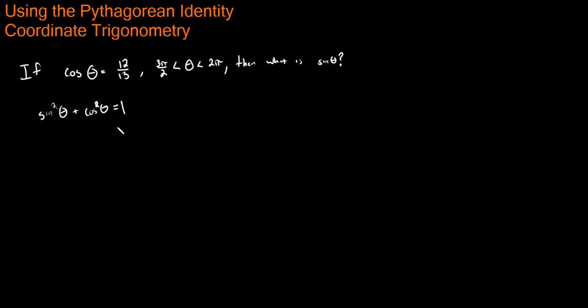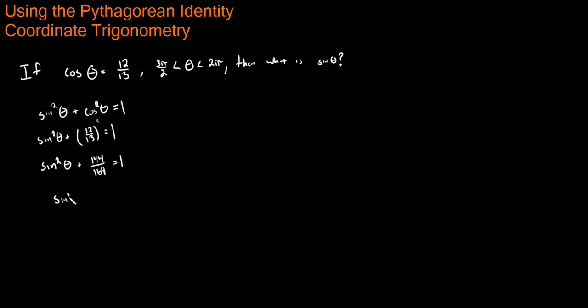So I can substitute in this information. I don't know what sine is, but I do know that cosine is 12 over 13, so cosine squared is going to be 12 over 13 squared. I'm going to simplify this. 12 over 13 squared is 144 over 169.